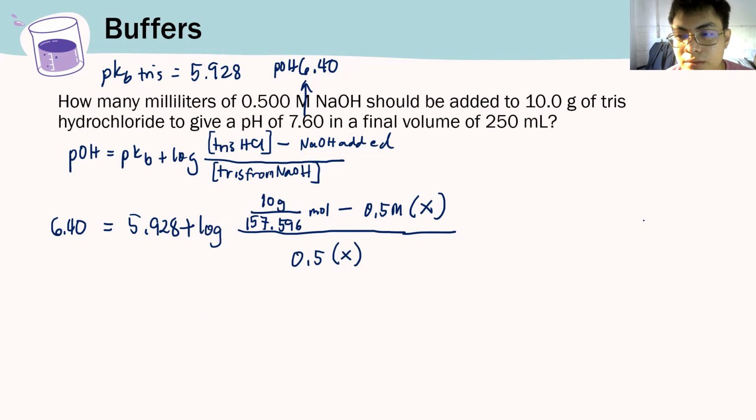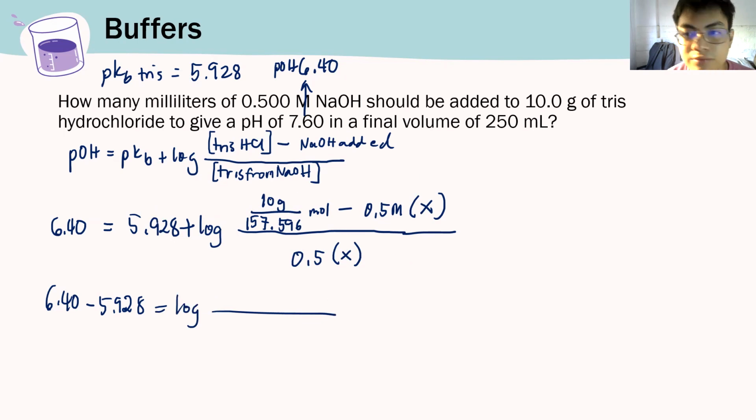Okay, so let's solve for the value of X. Let's simplify this equation. So 6.40 minus 5.928 equals the log of this fraction. Let me solve it.